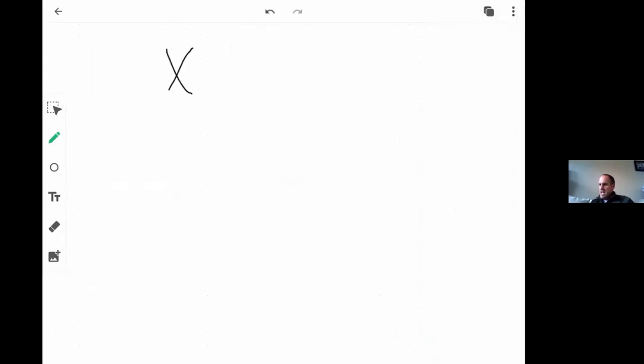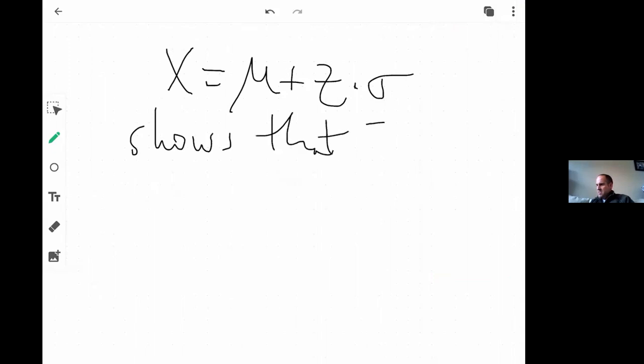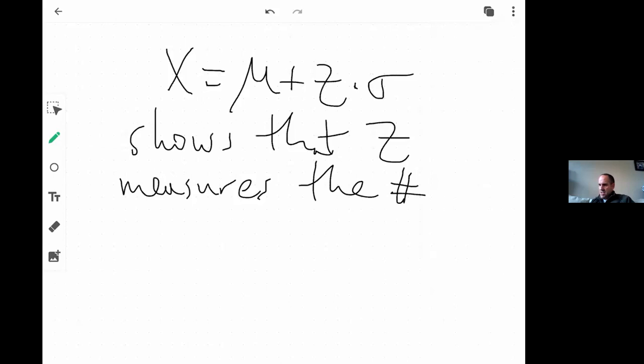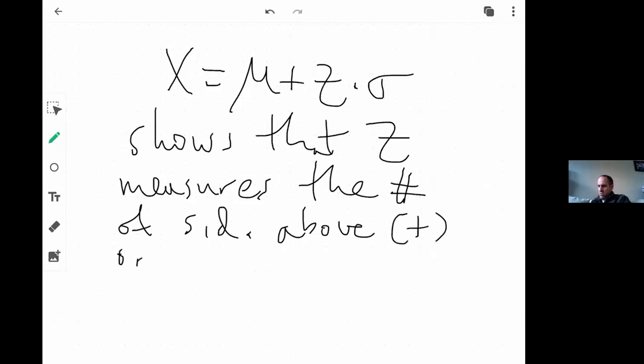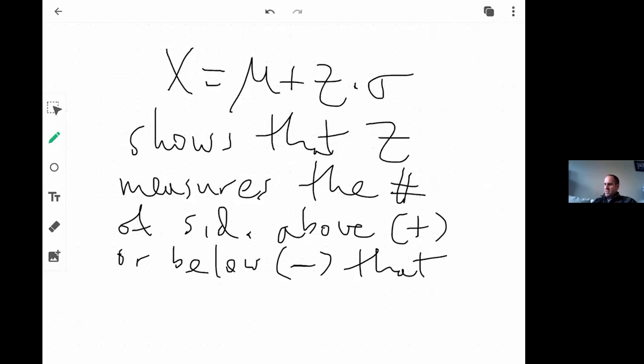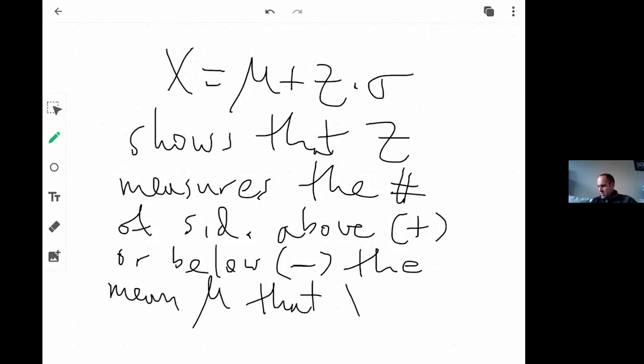All this to say that the formula x equal to mu plus z sigma shows that Z measures the number of standard deviations above if it's positive, or below if it's negative, the mean mu that X is.